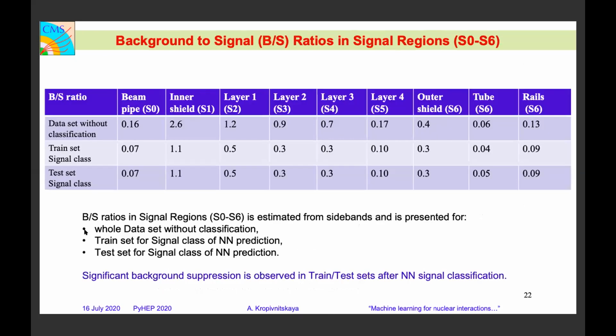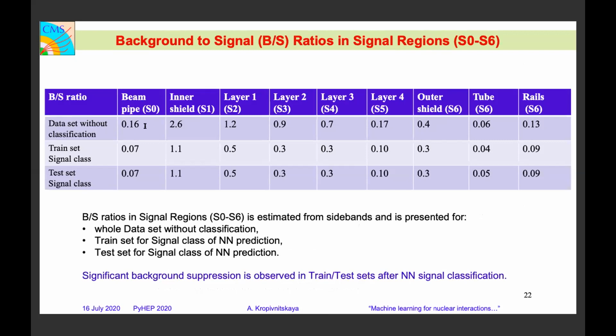Now we are on slide 22. On this slide, we can look at how our background to signal ratios, which we discussed before, changed in our signal regions, which we defined only by geometrical cut, by radius cut. The first column represents our data without any classification.